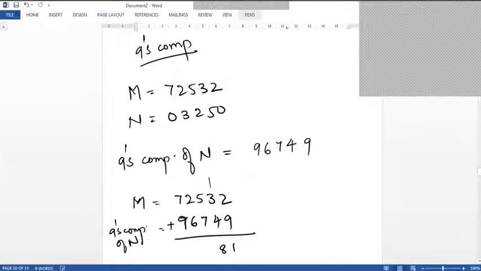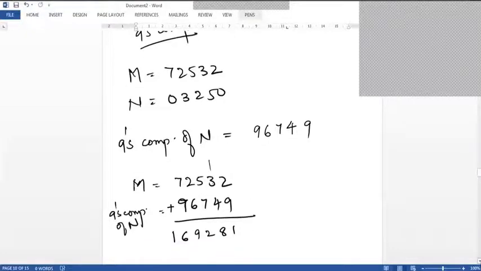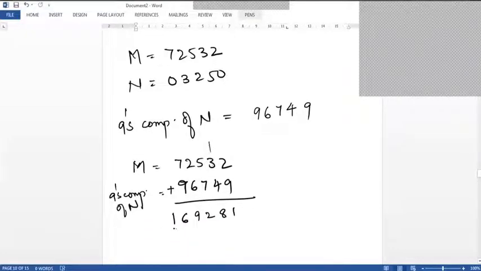Who is this? Why did 2 come at the back? Did I do something wrong? Yes. 69281, and this is the carry. Okay, so what we will do is we will take this carry over here.